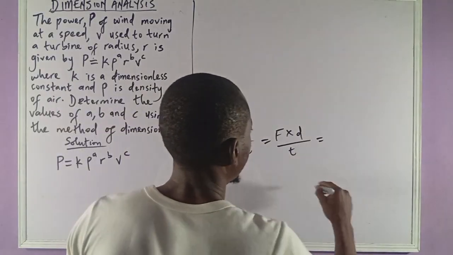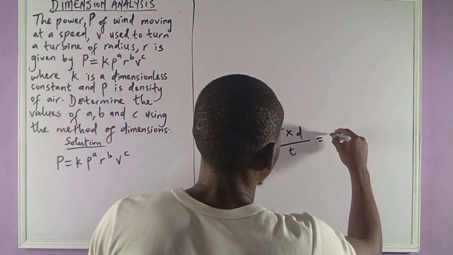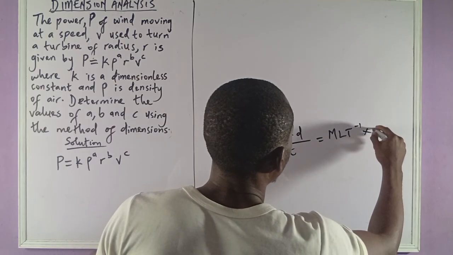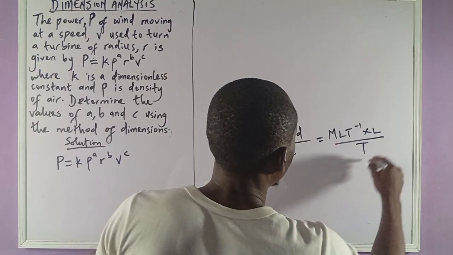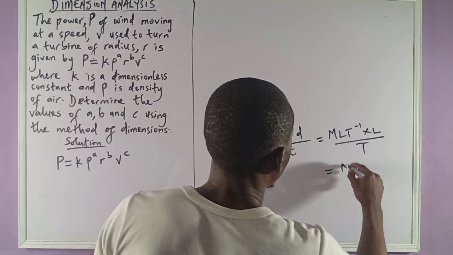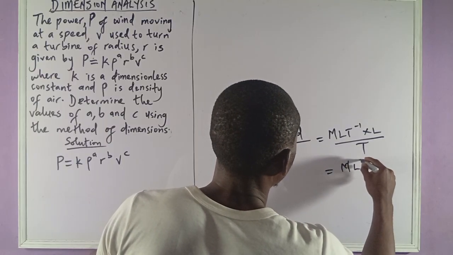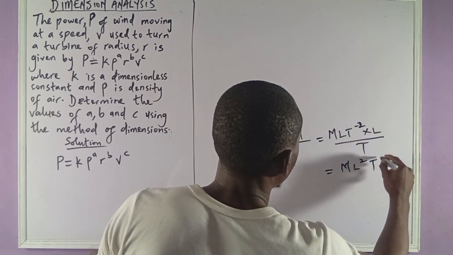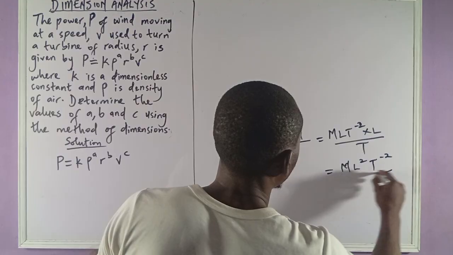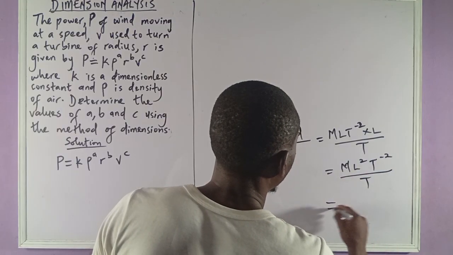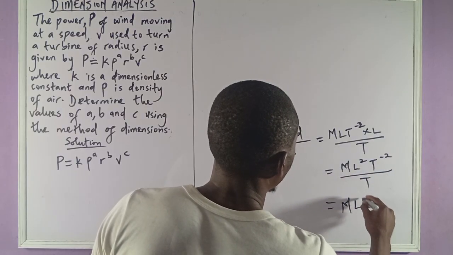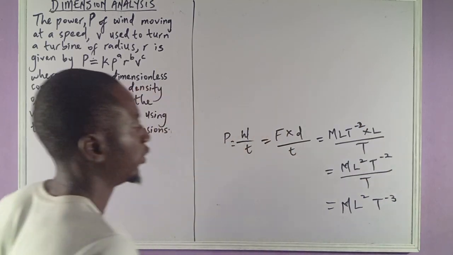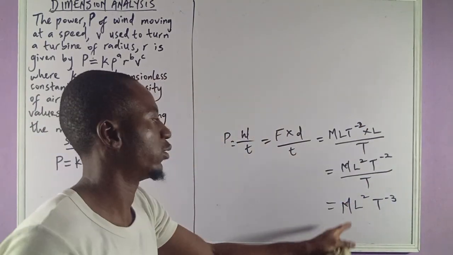Therefore, we can say the dimension of force is m L T minus 2 multiplied by L divided by time, and this will give us m L squared T minus 2 over T, and finally we are supposed to have m L squared T minus 3. Using the knowledge of indices, you can solve this.